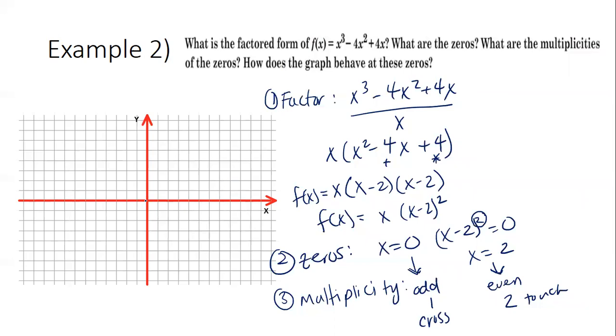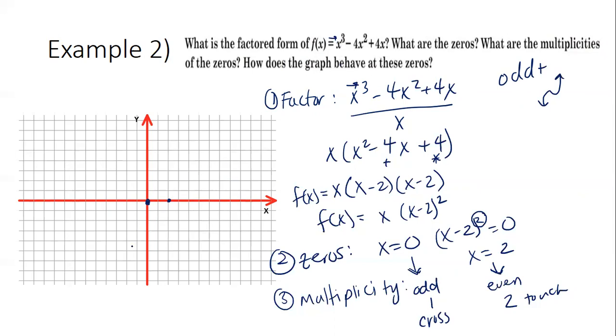So we have 0. It's a what? There we go. It's an odd positive, right? Odd positive means I'm going to start negative, but end positive.